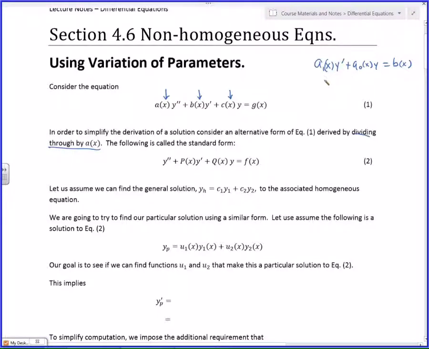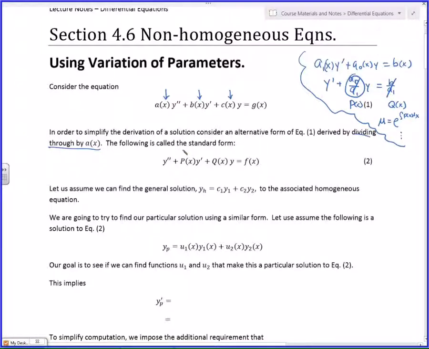I divided through by a1 and I wrote it as y prime plus a0 over a1 y equals, let me slow down, b over a1. And then instead of calling this a0 over a1, I called this p of x, and I called this q of x. And that's then where I use the integrating factor. Mu is e to the integral p of x dx, and so on. Went on from there. That was the linear first order case.